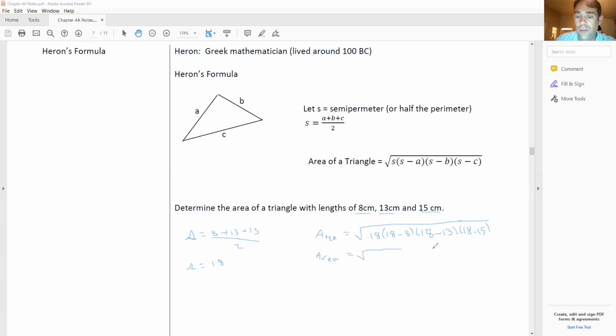All right, so we clean this up just a little bit. We get 18 times 10 times 5 times 3. And if we do that, we end up with our area of about 51.9615.